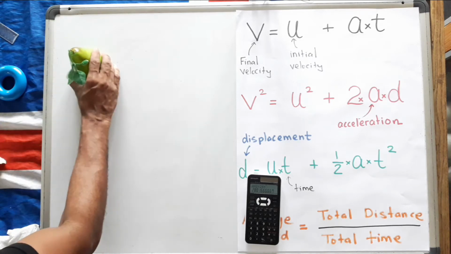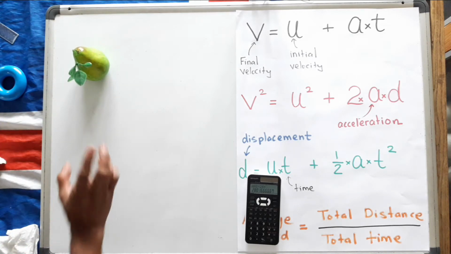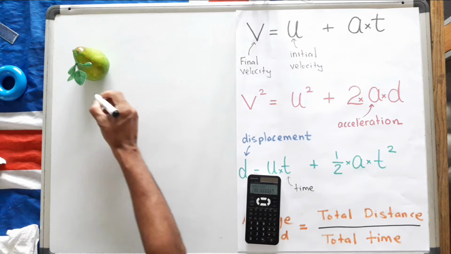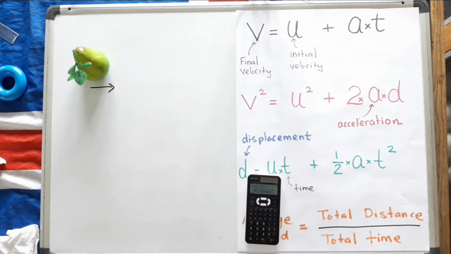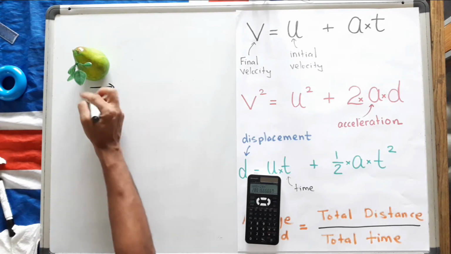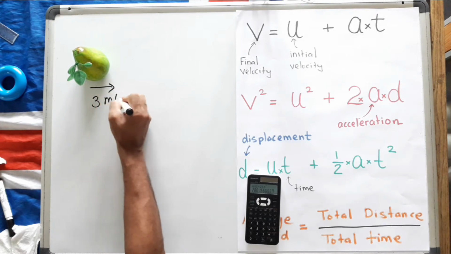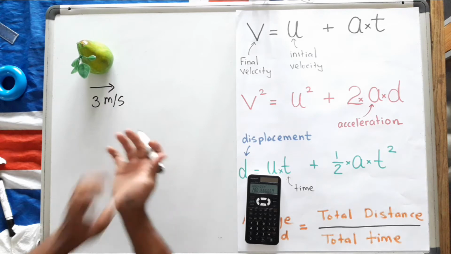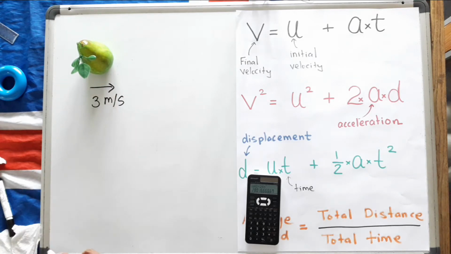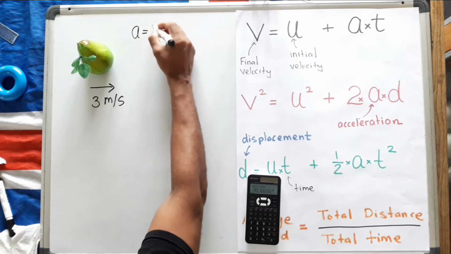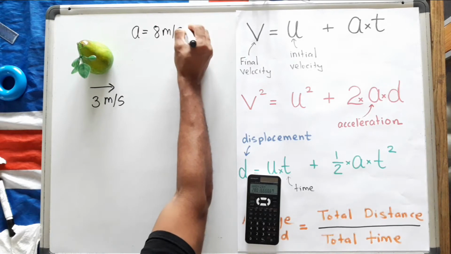Here we have a fruit. We're going to pretend that someone threw this fruit at someone. So when it left the person's hands, it was already moving at 3 meters per second. And due to some acceleration, the value of which was given, it was 8 meters per second squared.